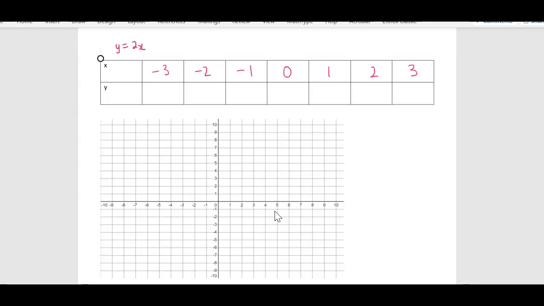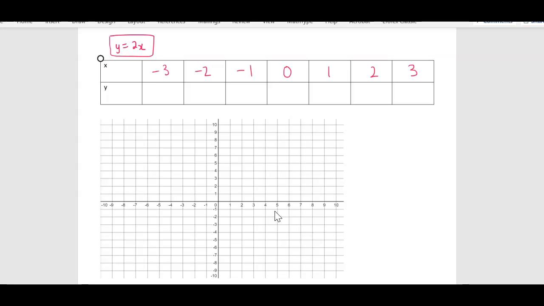All right, to fill in this table, all you need to do is just substitute in one value into your rule. So remember this is our rule here, y equals 2x. You can substitute in -3. You can substitute in -2, -1, 0, 1, 2, or 3. It doesn't really matter.